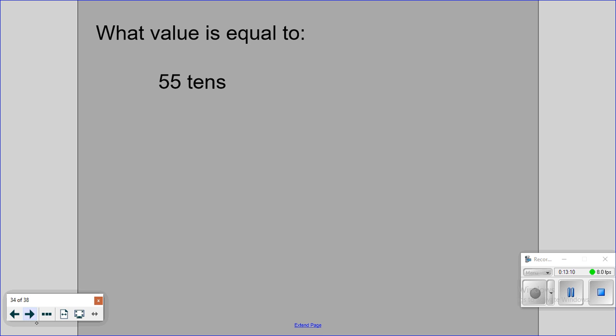55 10s. Go ahead and write it down, please. Elena, get with me. 55 10s. What is that going to be worth? What value is 55 10s? Elena, what do you think? 550.